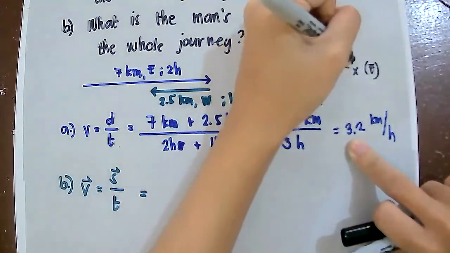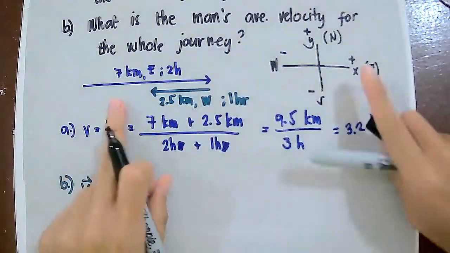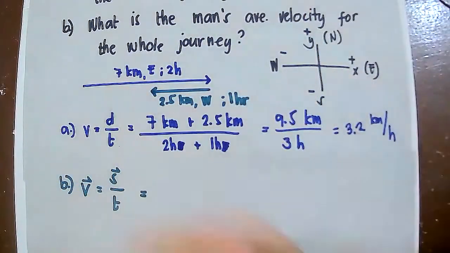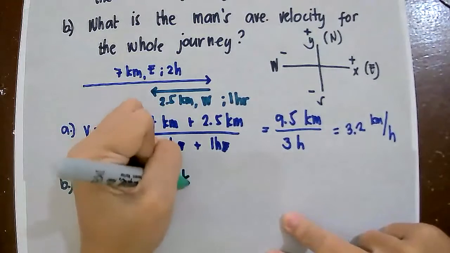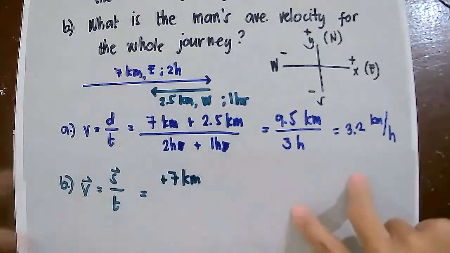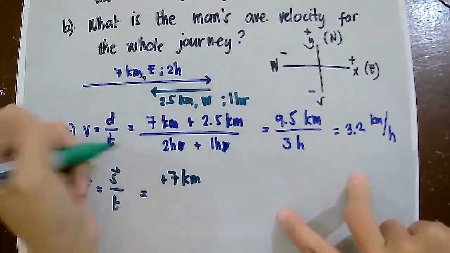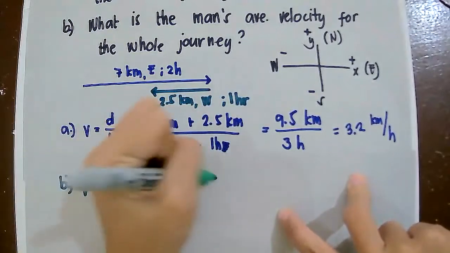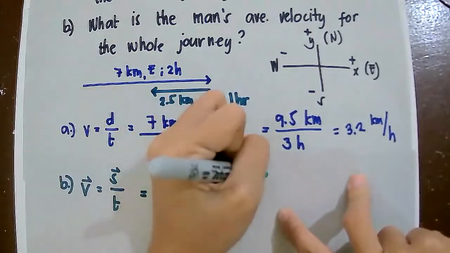So dito is positive, dito negative, dito positive, dito negative. Since we are going to the east, your sign for 7 is positive. And then the man went 2.5 kilometers due west. You have now minus, or plus negative, 2.5 kilometers.